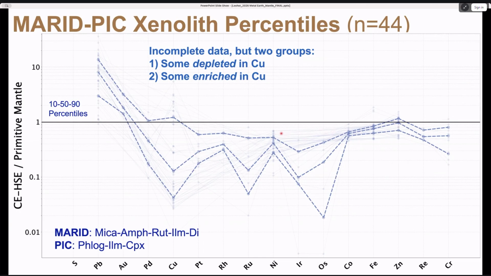For example, right here, all those lines shooting across, that's basically missing data, no iridium and osmium data, just nickel. There's lots of nickel data in this database, cobalt, iron, zinc. Interestingly, they're better at copper, but less in the way of PGEs than I would like.